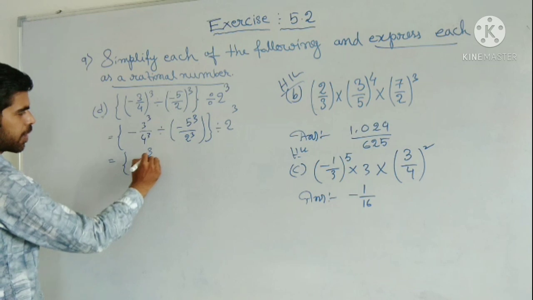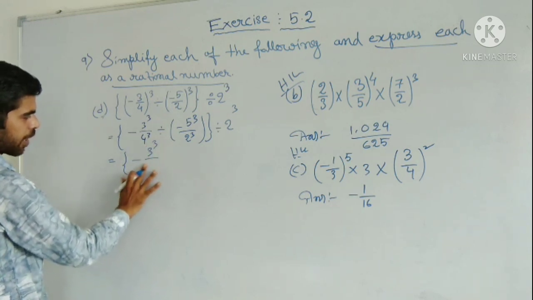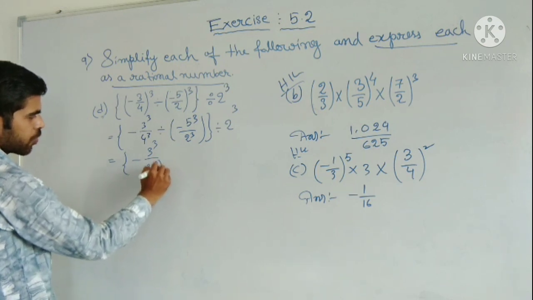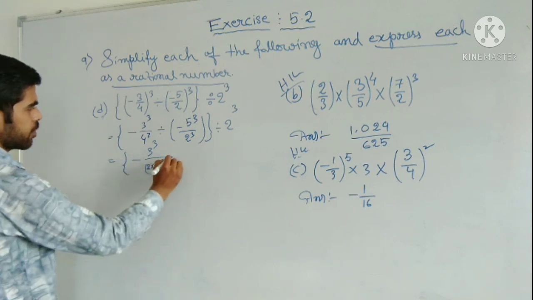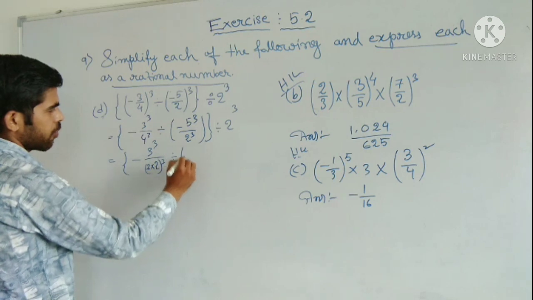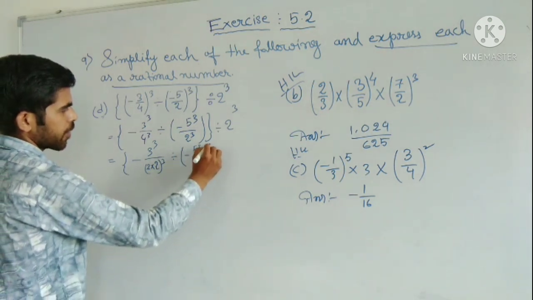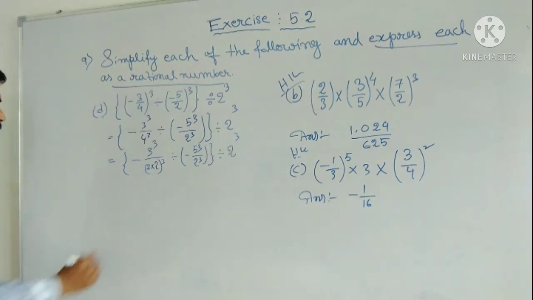Now here, this one is 3 cube by 4 cube, and this 4 you can write as 2 into 2. Then you give the divide sign, and similarly you write 5 cube and 2 cube, and you give the division sign there.